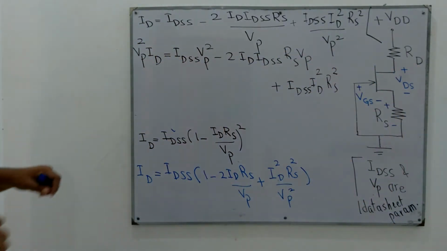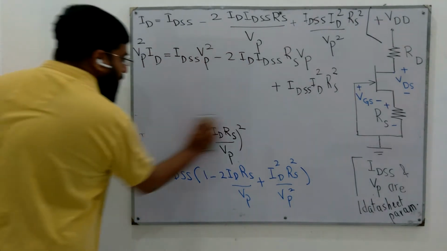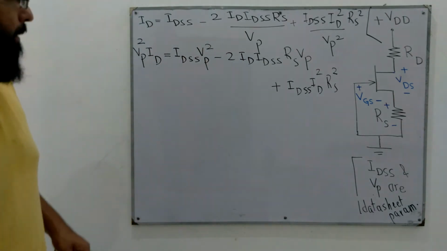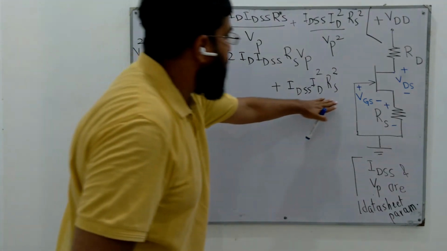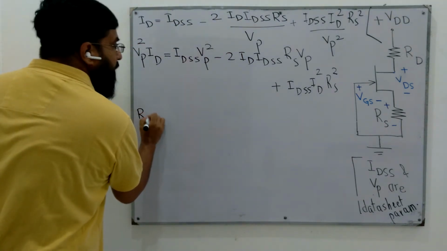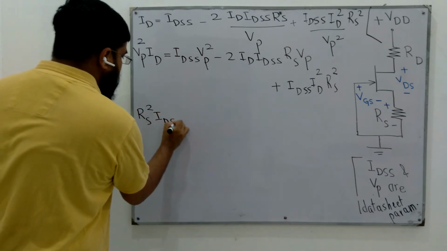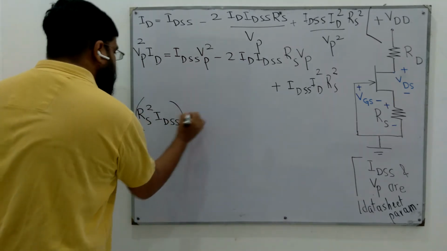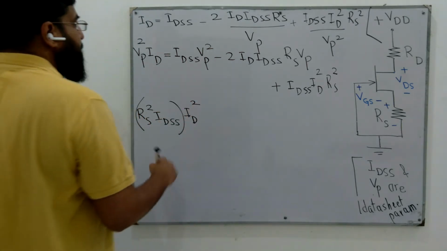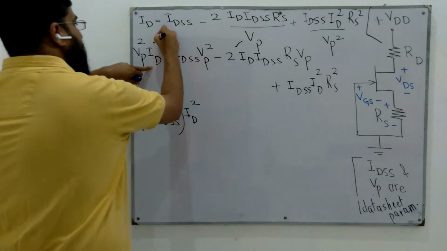So now we can collect the terms related to ID squared and ID. There is only one term involving ID squared. So RS squared IDSS is the coefficient of ID squared. Right? For ID, we have two terms, this and this.